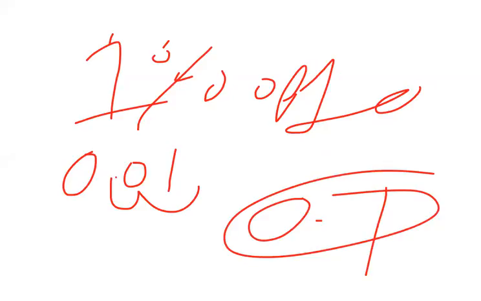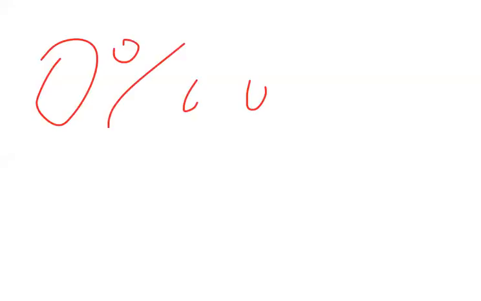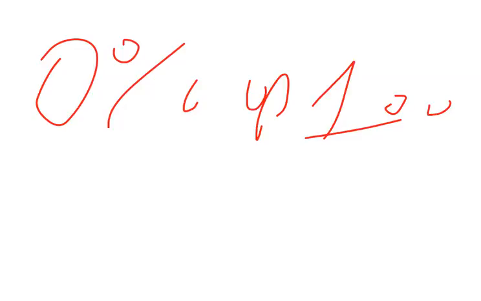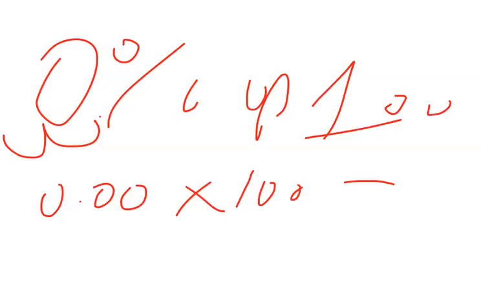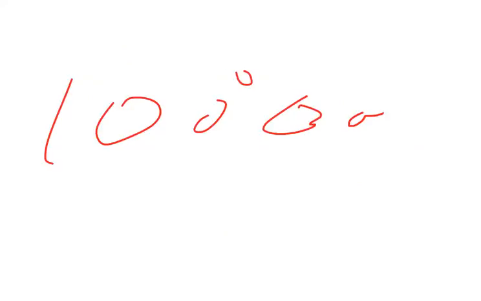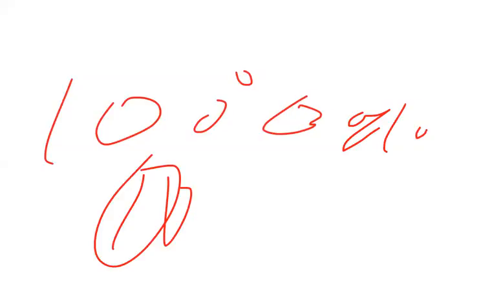Yep. 0% of 100. I wouldn't think about that or do it in math. Mathematically it's 0.00 times 100, which is an outrageous way to do stuff, which is 0. 0% of anything is nothing. 100% of 10. Well, that's everything of 10, so just 10. Mathematically, 1 times 10 is 10.